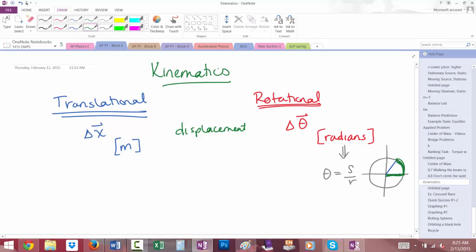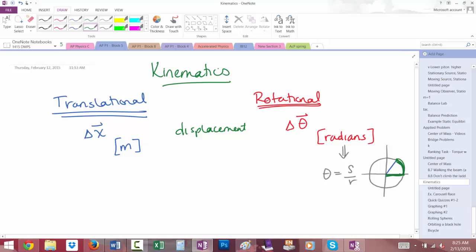If you have 2 radians, that means that this is twice as long as that one. It just so happens, and the reason that pi always comes up when we start talking about radians, is that if I go all the way over here, the ratio between the arc length and the radius is pi, 3.14.